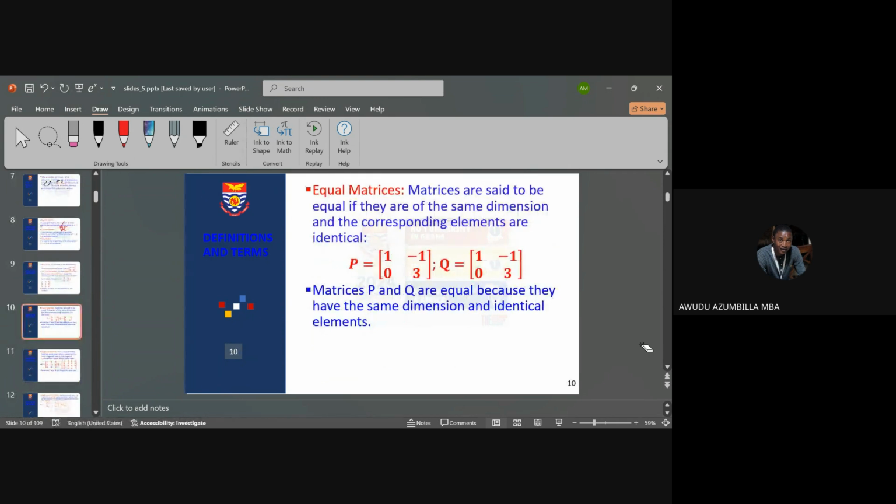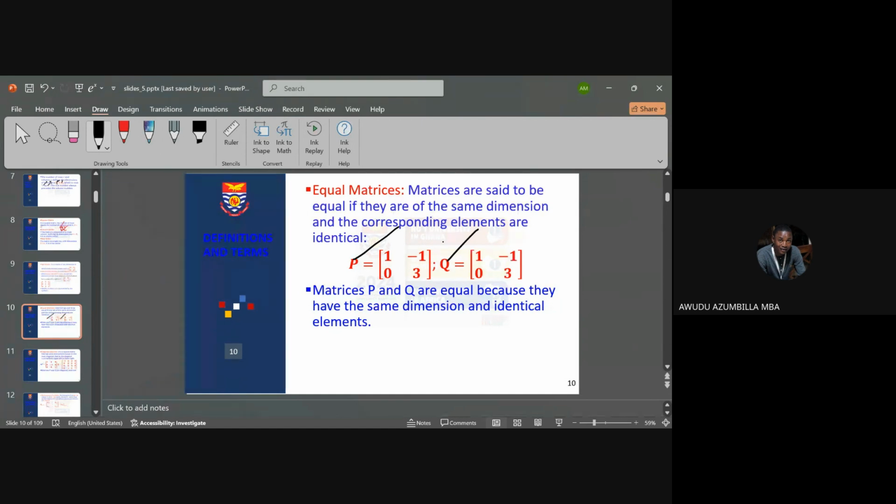Now, equal matrices. Matrices are said to be equal if they are of the same dimension and the corresponding elements are also equal. So we have matrix P equal to 1, -1, 0, 3, and matrix Q is also the same thing, 1, -1, 0, 3.